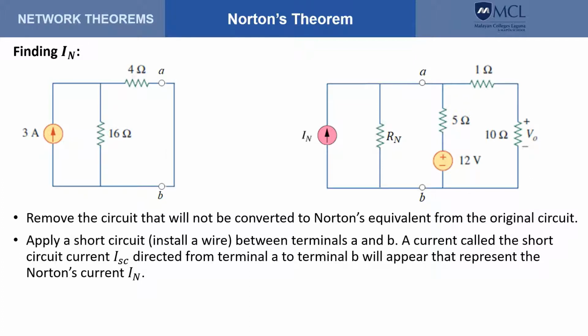Because of the short circuit, a current will appear between A and B. So we're interested in the current flowing from terminal A to terminal B. That current is the Norton's current I sub n.